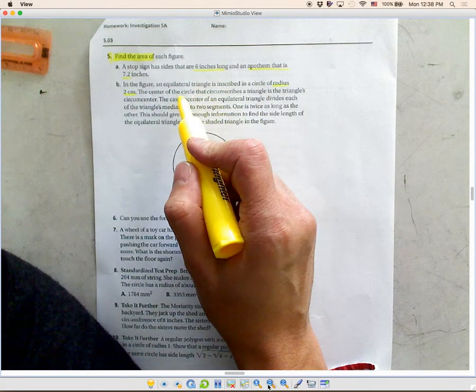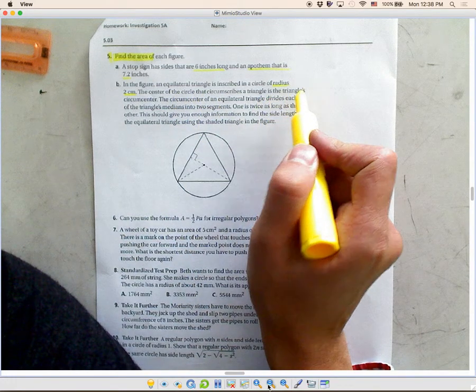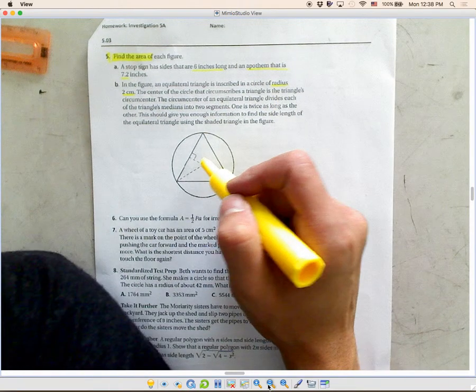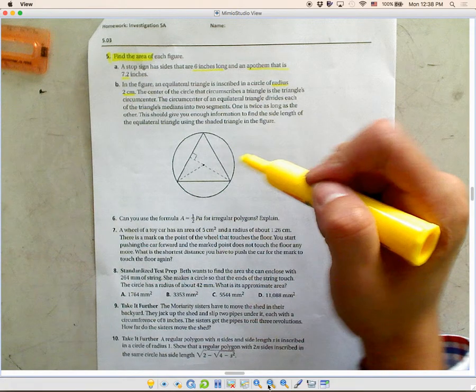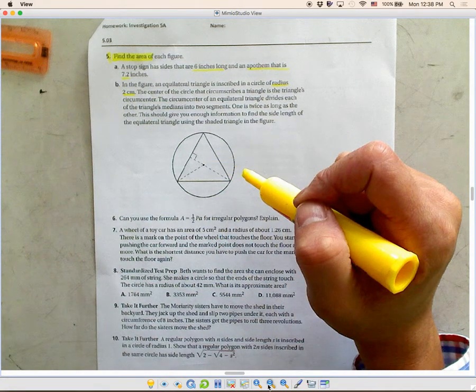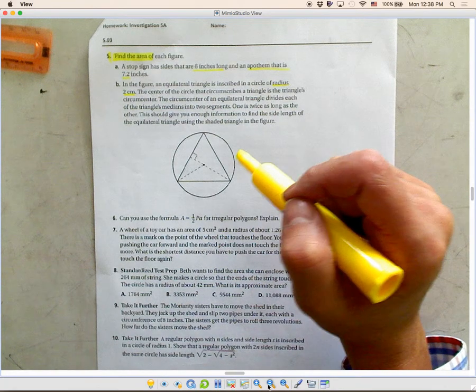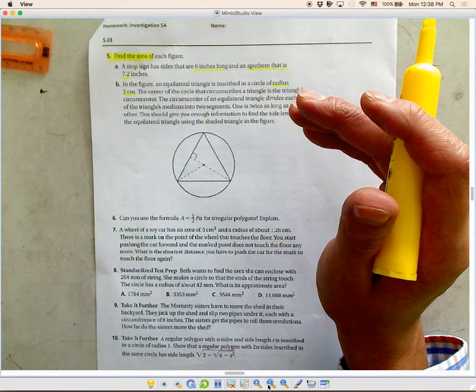The center of the circle that circumscribes a triangle is the triangle's circumcenter, the concurrent point of the medians, where all the medians meet.